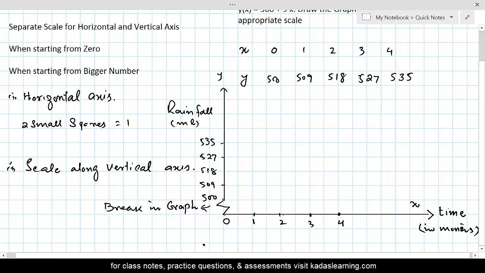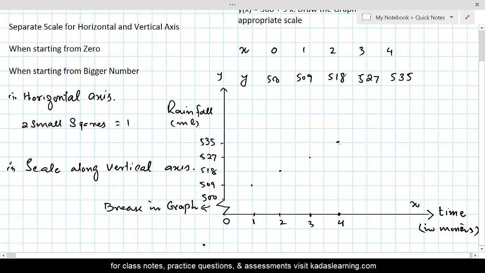Therefore, the first point would be 0, 500, which is here, and then at 1 along x-axis there is 509, so that would be the point right here, and for 2 it would be 518, right here, and for 3 it would be 527, right here, and at 4 it would be right here.